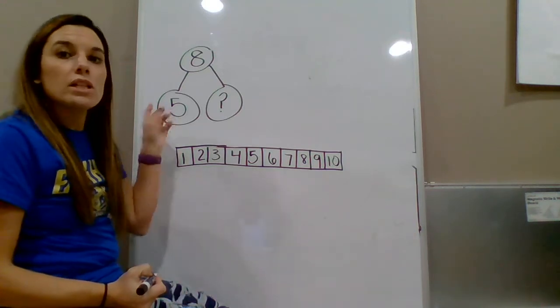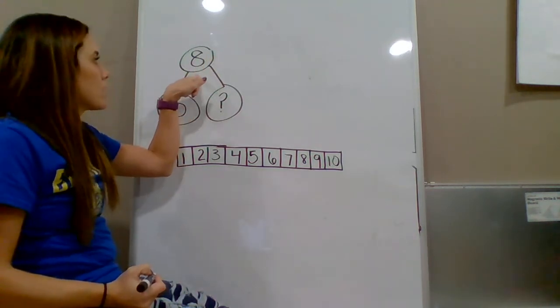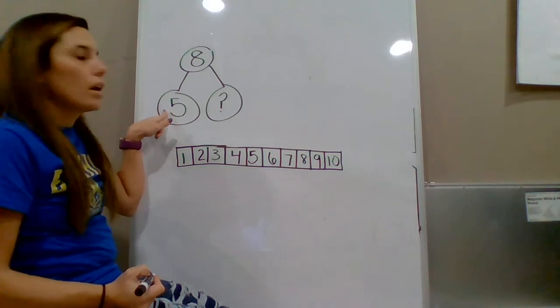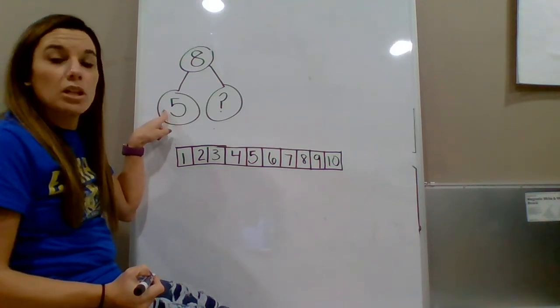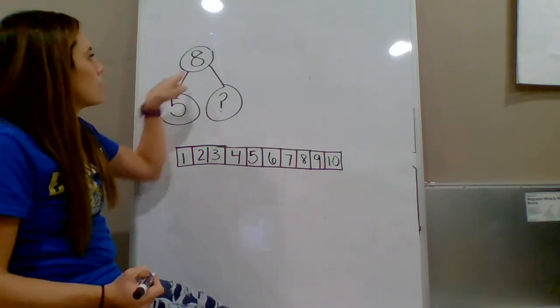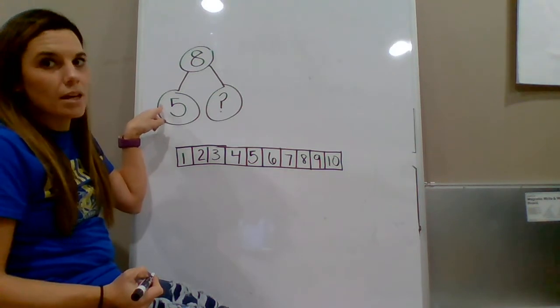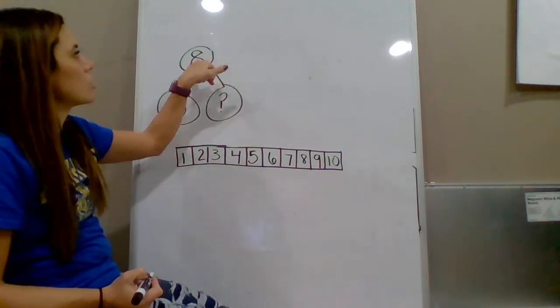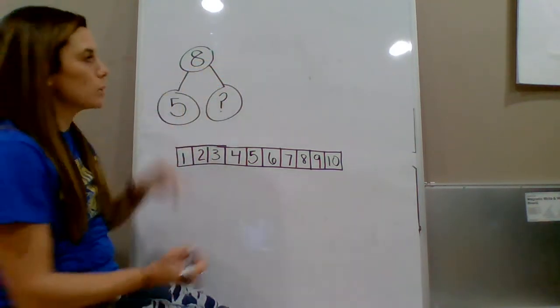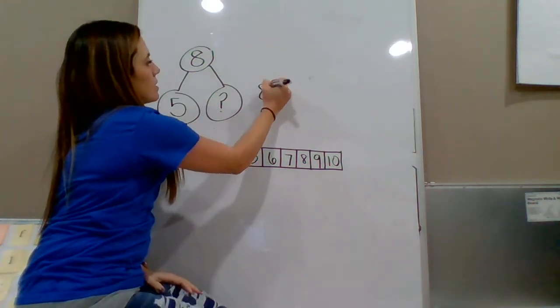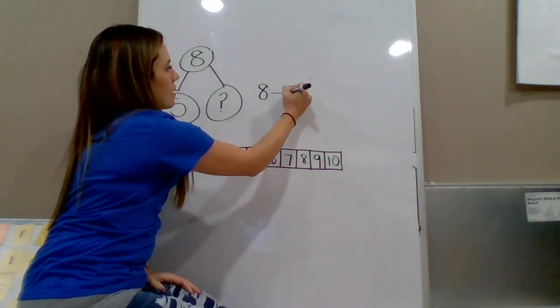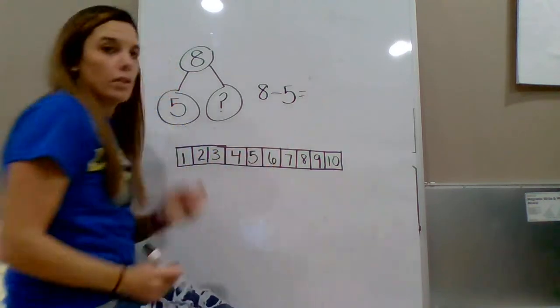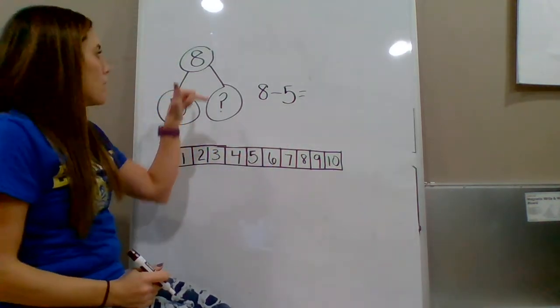I'm going to use subtraction because I know the answer and I know one of my add-ins. So to make a subtraction sentence, I'm going to start with my biggest number. 8 minus 5. Okay? I'm starting with my biggest number.